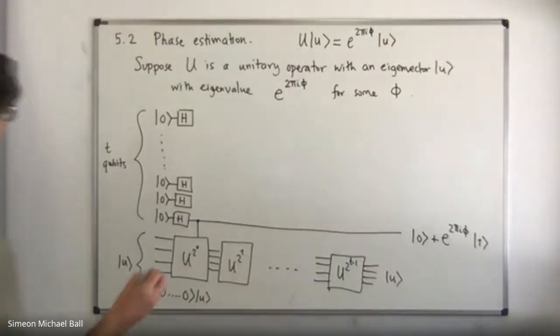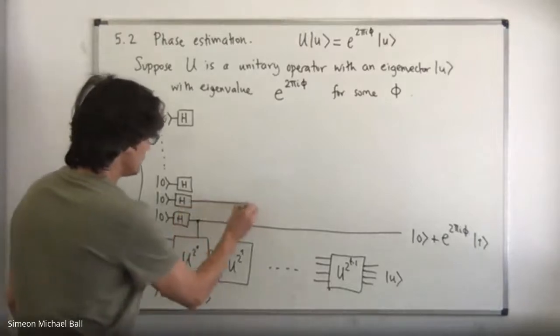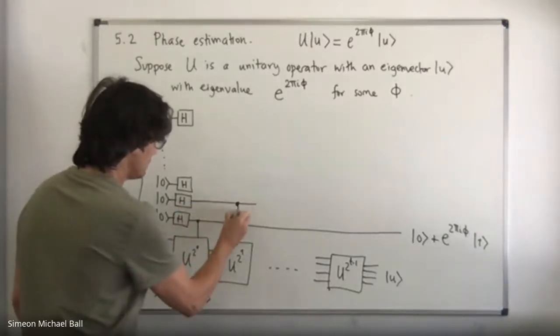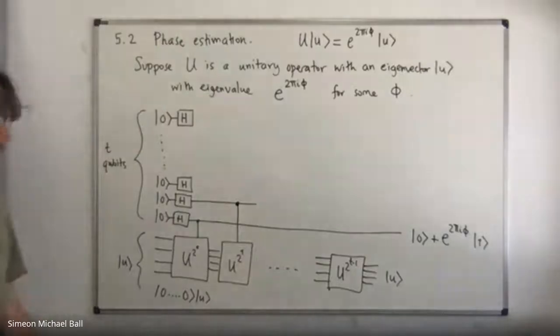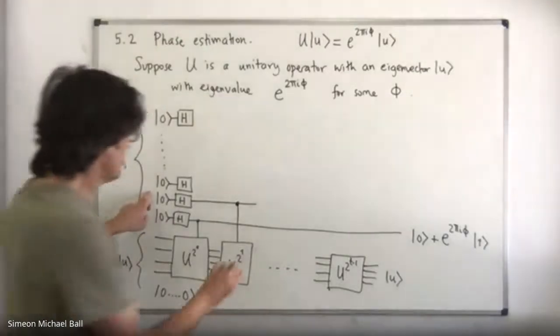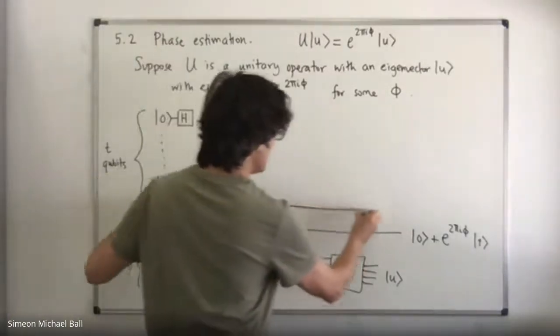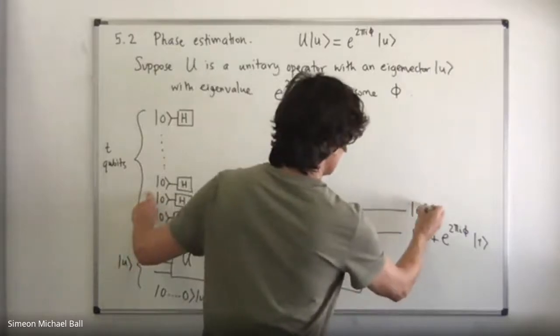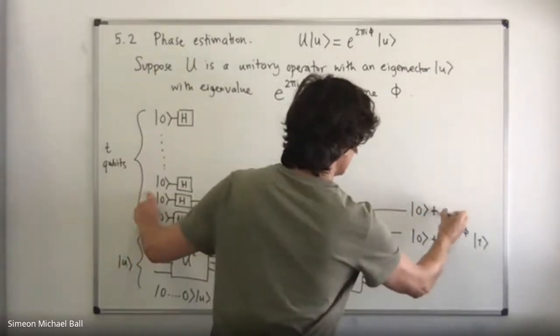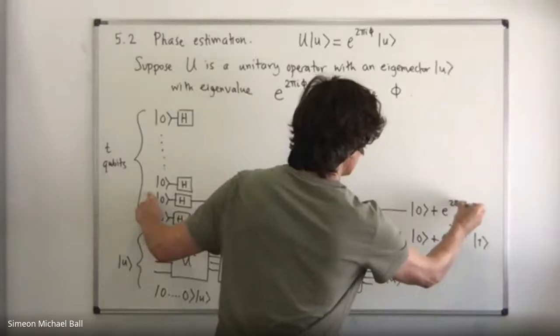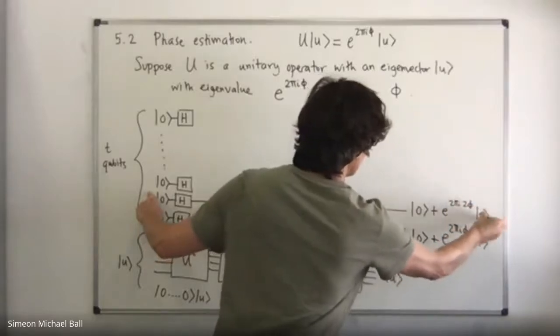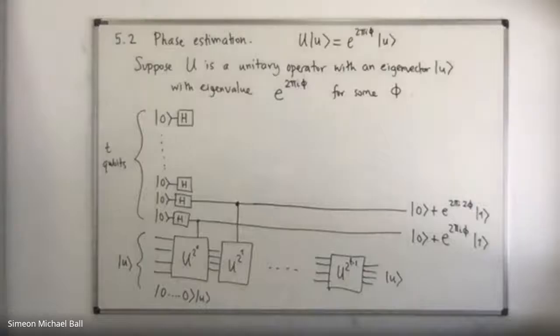And now here I do the same onto the second wire. Wait, why does the first wire give that? If that line is the control bit, why would it change?